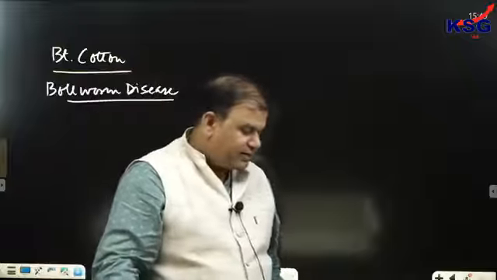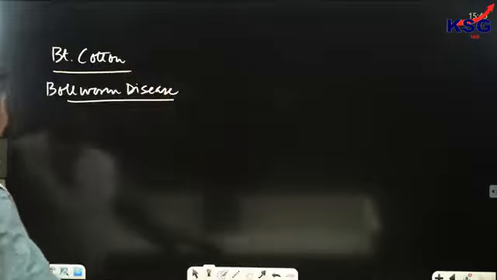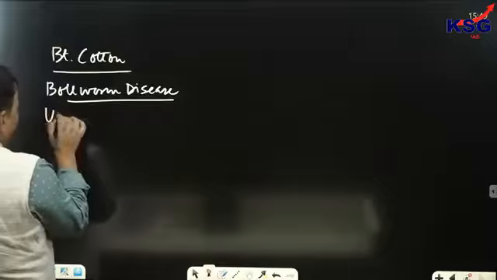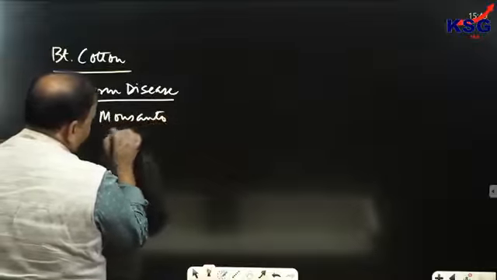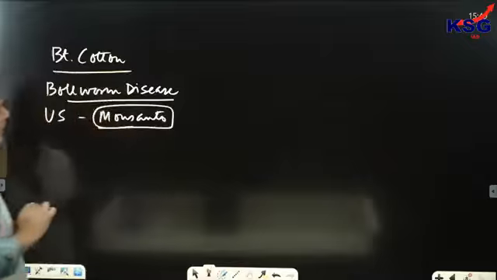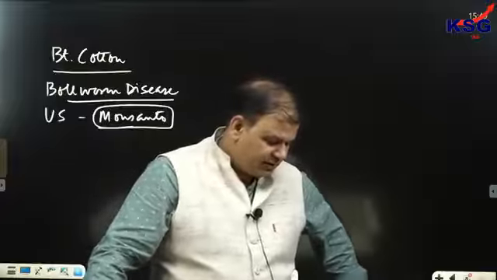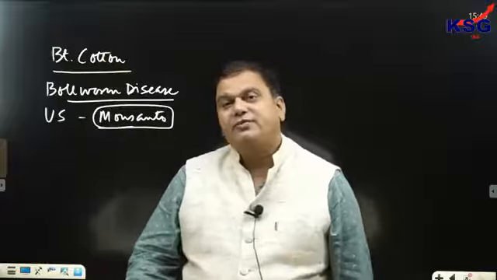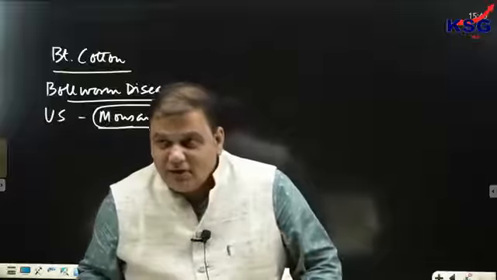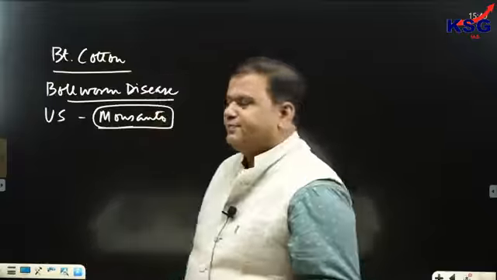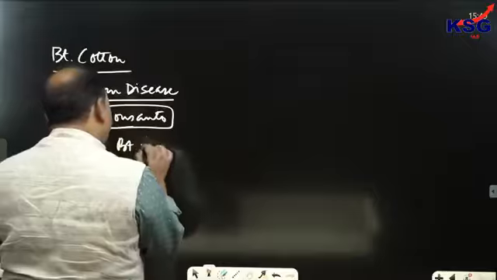A US company called Monsanto developed a transgenic variety of cotton called BT cotton to remove this drawback.